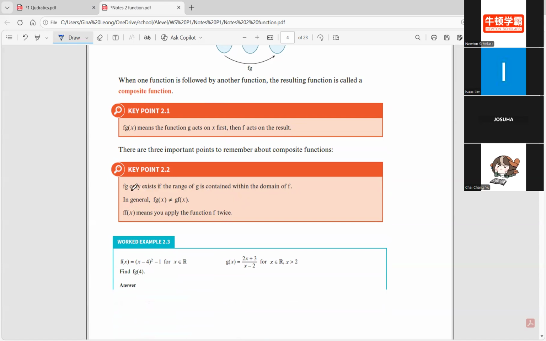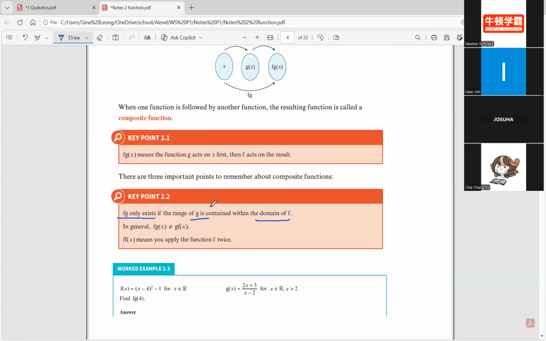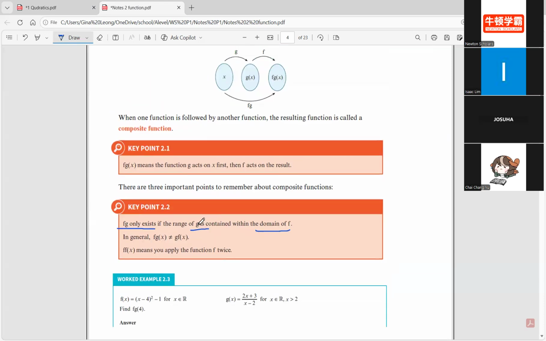Then here, you need to be careful. Fg only exists if the range of the g is contained in the domain of the f. That means when we want to check whether the fg exists or not, you need to check whether the range of the g is inside the domain of the f.